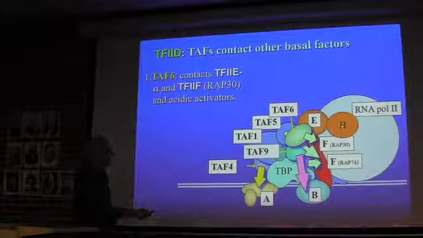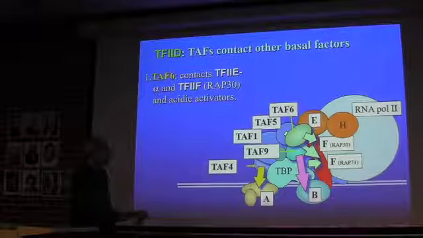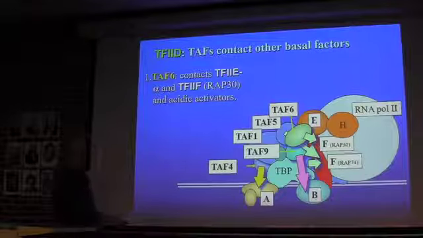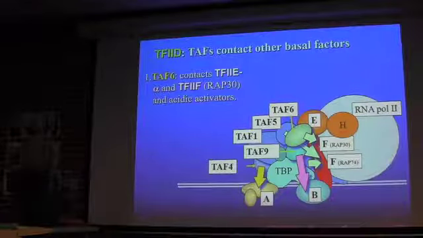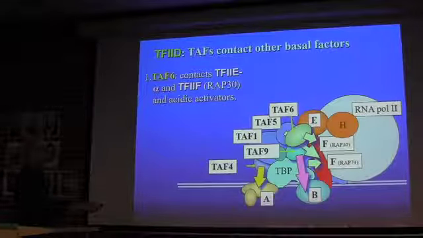E, H, F is the red, A and B. We've talked about B, we talked about A, we don't know much about A. D is this TBP with all the TAFs, and you see TAF6 is making contact with the small subunit of F right there.